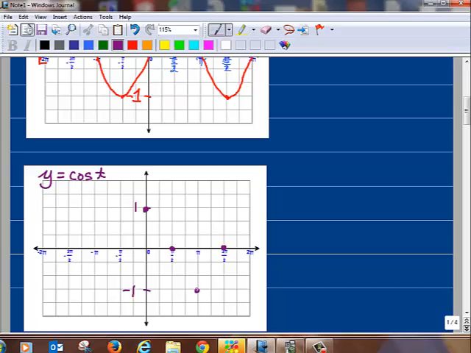The cosine of pi is negative 1. 3 pi over 2 is back to 0. And I'm back up to 1 at 2 pi. We call the cosine function a periodic function because it repeats itself. If I continue the pattern, it would repeat similarly, and it certainly repeats going in the opposite direction, like so. So we call both sine and cosine periodic functions.